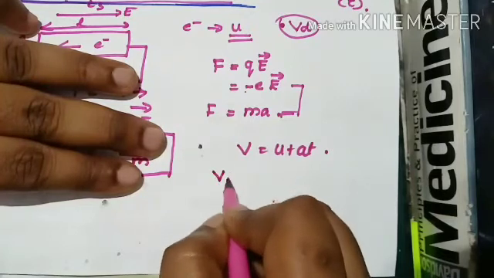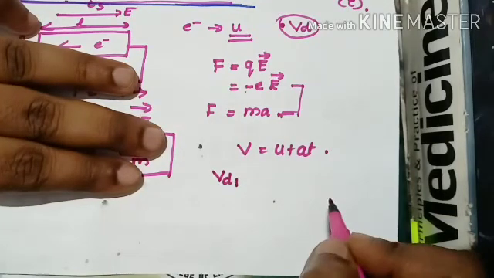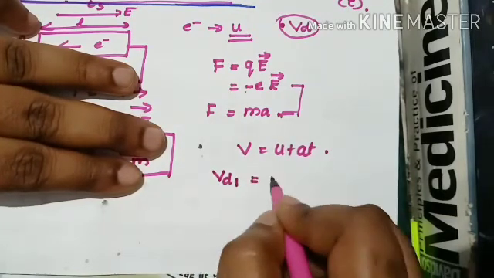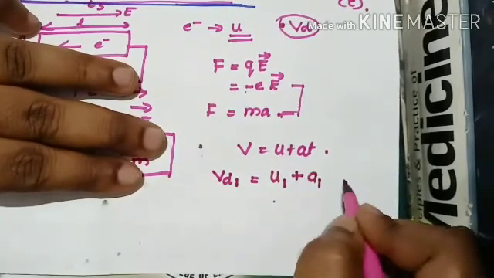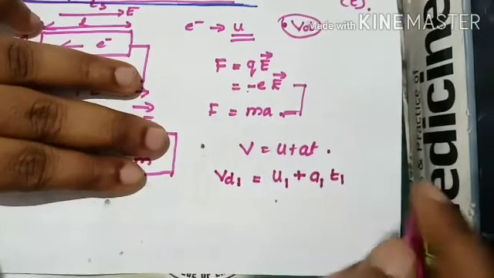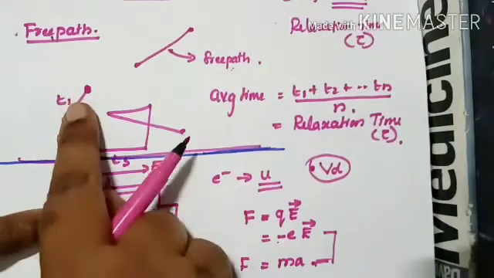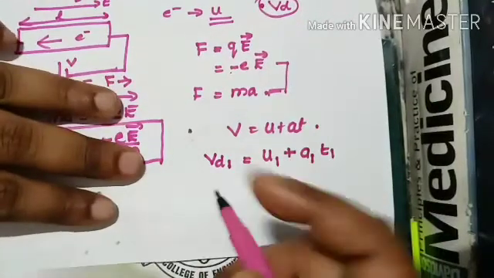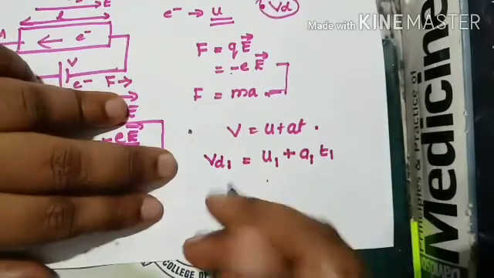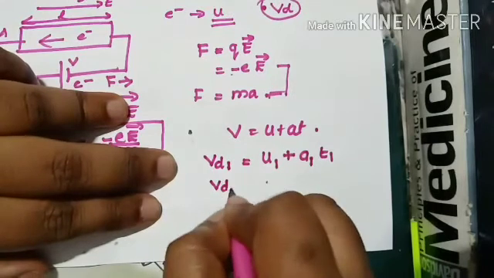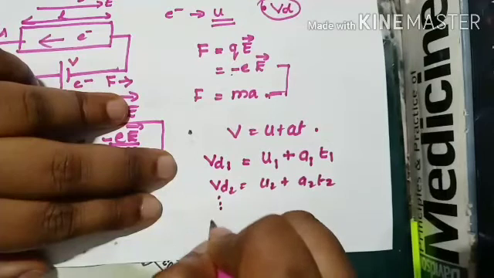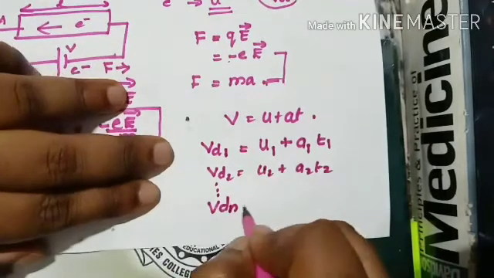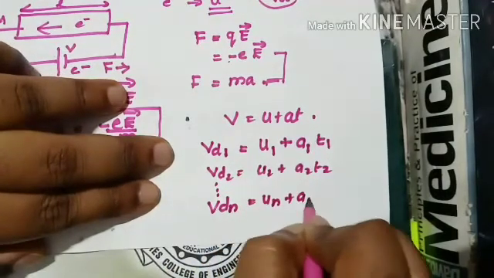So let us consider each electron. Each electron has its own drift velocity, that is Vd1 for the first electron. Its initial velocity is thermal velocity U1, plus acceleration A multiplied by the time period of the first successive collision, T1. Clear? Similarly for n electrons I can write: Vd2 is equal to U2 plus A2 T2, and so on, Vdn is equal to Un plus An Tn.